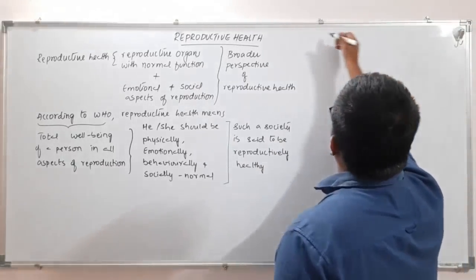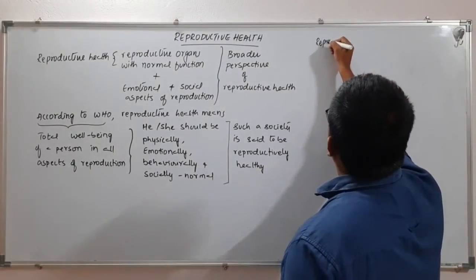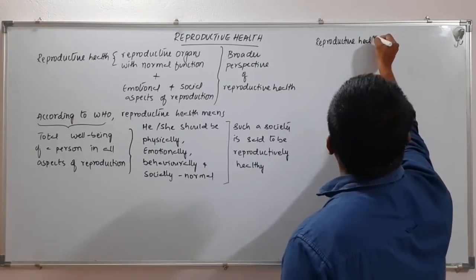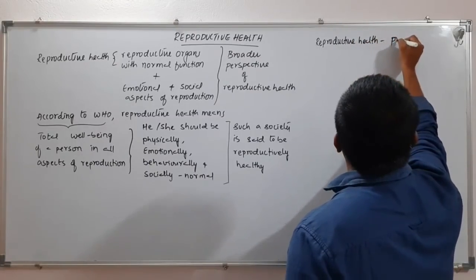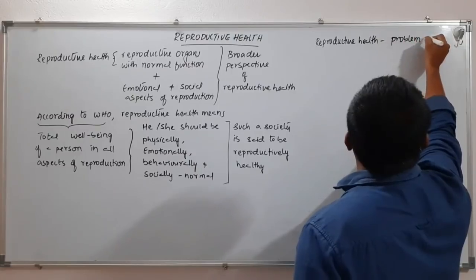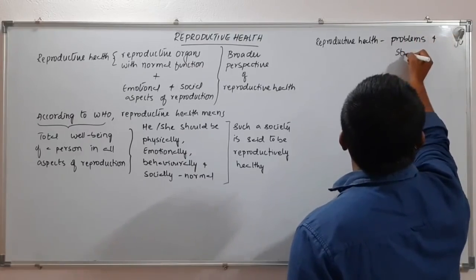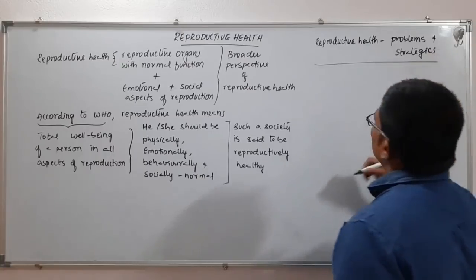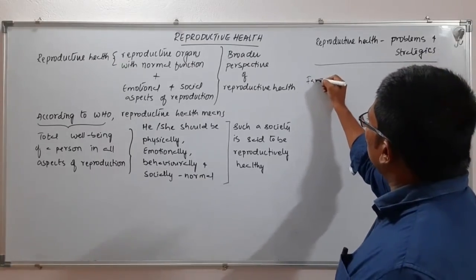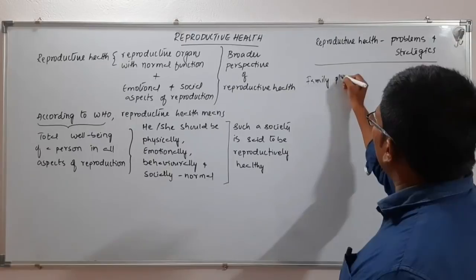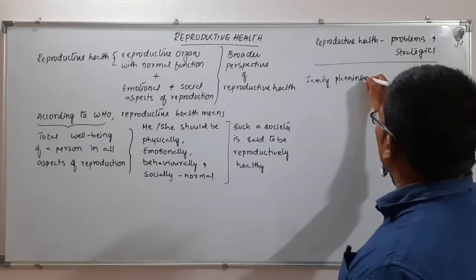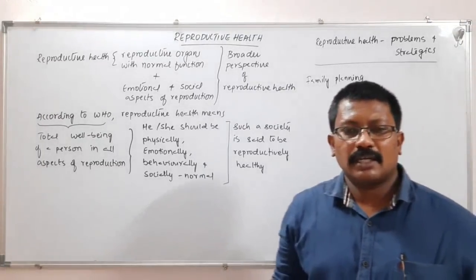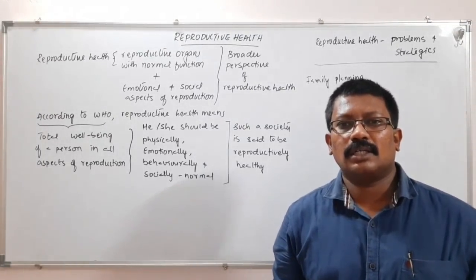Now we'll see here about reproductive health, the problems and strategies. Under this, I'm going to talk about family planning, the various methods of family planning and all. I'll be talking about them in the coming session.